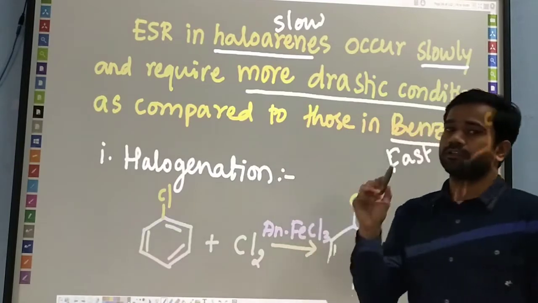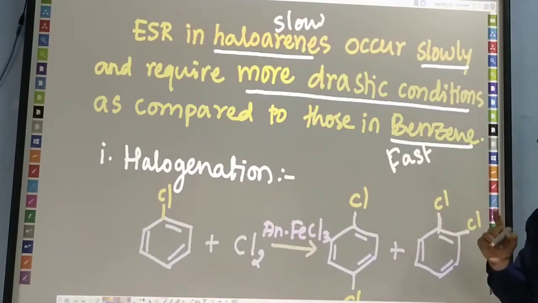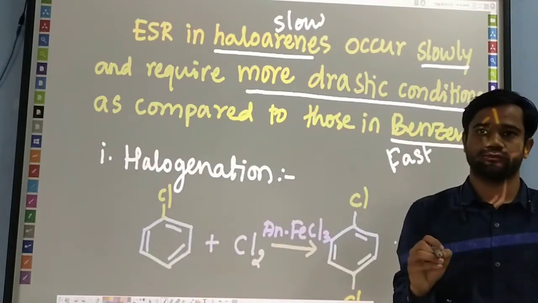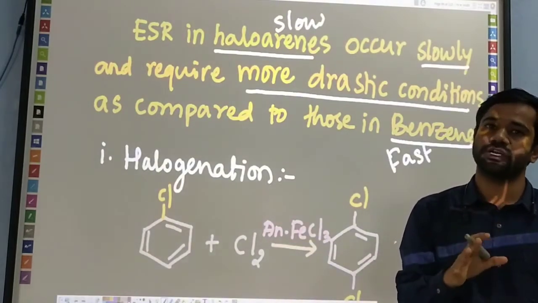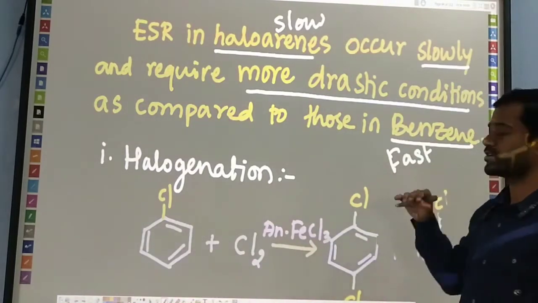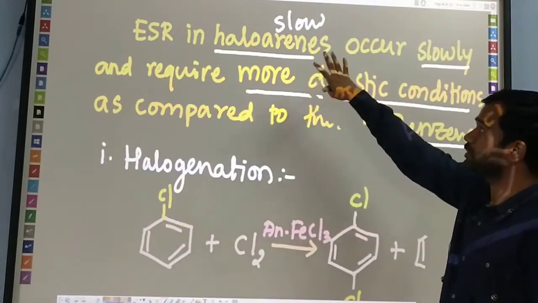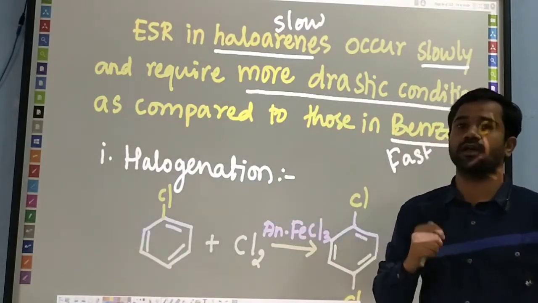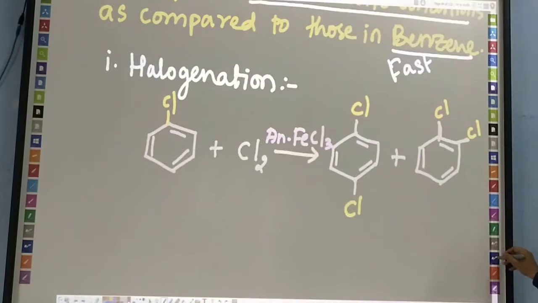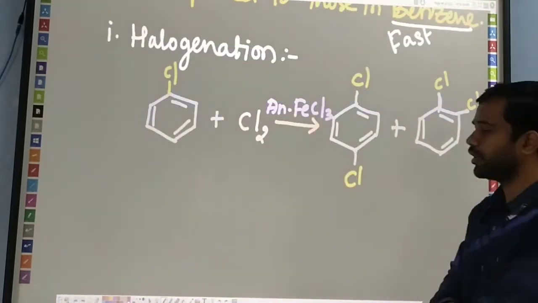Try to remember that a reaction which is fast gives the kinetic product. Any product generated by a fast reaction is known as the fast or kinetic product. A reaction which is very slow gives the thermodynamic product. Okay, these are the reasons for how the reaction is going to be formed.